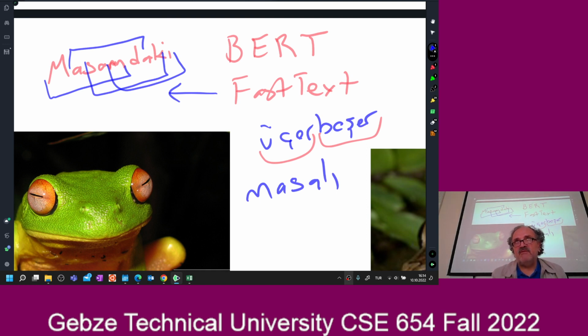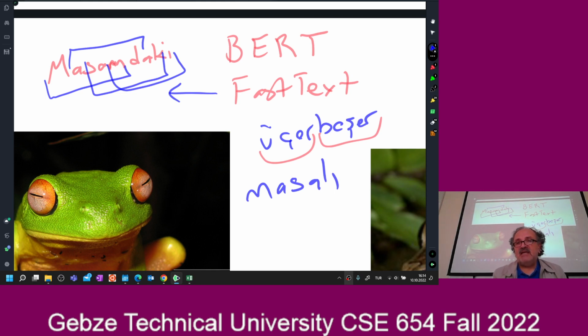The vector for masalı in the sentence masalı okudum is very different from masalı oda. They are two different things. So I'm going to assign two different vectors to these words. So it pays more attention to the context that is happening around the word. So that's one of the big problems with the FastText or GloVe or Word2Vec kind of approaches.